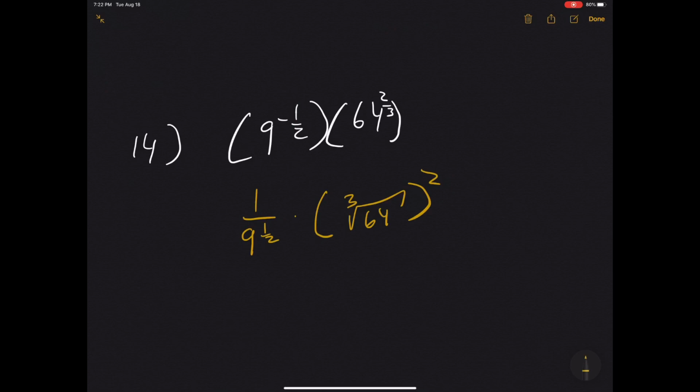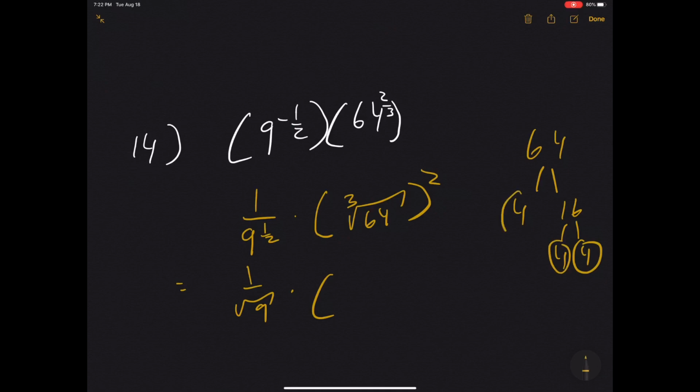Well, 9 to the 1/2 is root 9. And what is 64 to the 1/3 power? Well, we can figure that out by factoring 64. 64 is equal to 4 times 16. 16 is 4 times 4, so we see that it's 3 4s.